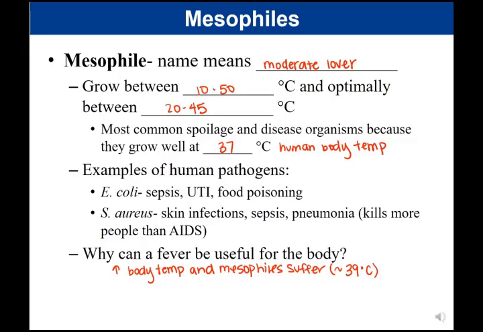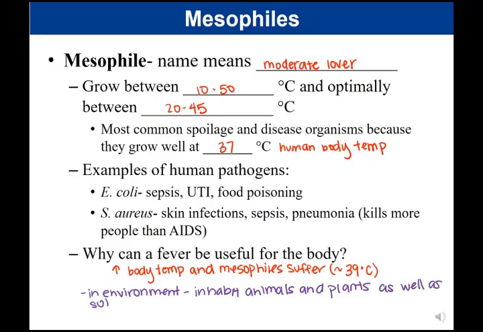Now, in terms of where these organisms would be found in the environment, they inhabit animals and plants, as well as soil and water in temperate, subtropical, and tropical regions.